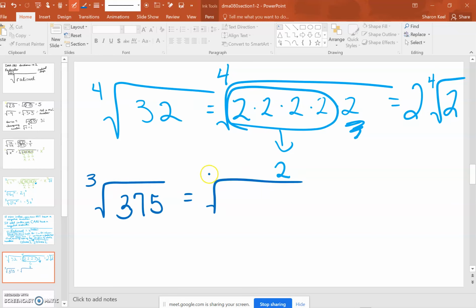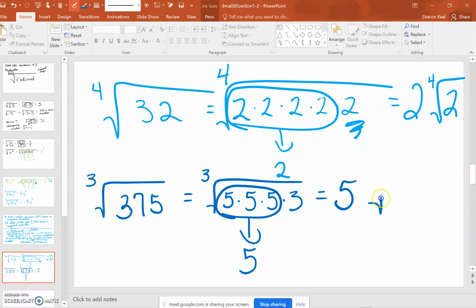Now, I could make you do the prime factorization of that. If I did, you'd have 5 times 5 is 25, times 5 is 125, times 3 is 375. To simplify this, you've got a group of three 5s, so that means a 5 comes out. And then under the radical, we would still have left the cubed root, and the number left underneath would be 3.